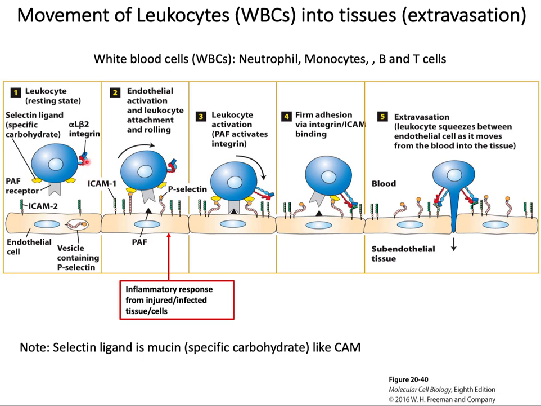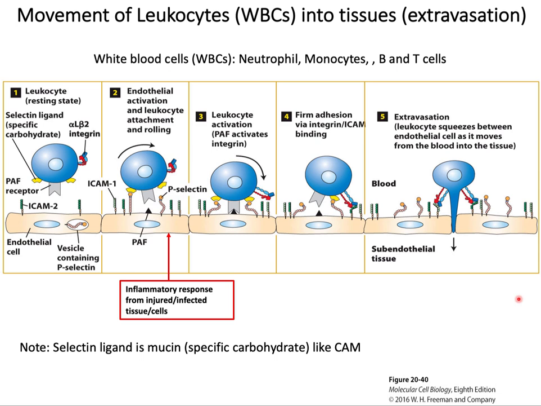And you also have the integrins on the surface of the white blood cells. And in this example, it is an alpha L beta 2 integrin, which can interact with ICAM1. And finally, you have a signaling receptor known as a PAF receptor in gray, which stands for platelet activating factor.